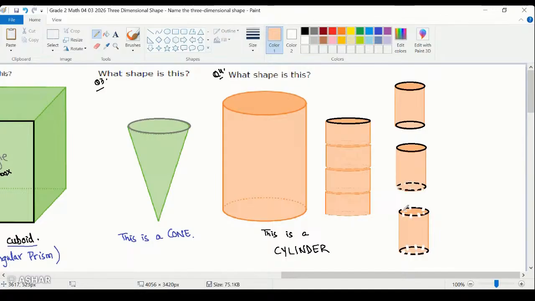Just a moment, please. Let me just shade this so that it would be clear to us. If we roll a piece of paper, that means both the sides are open. This side is also hollow and this side is also hollow, right?